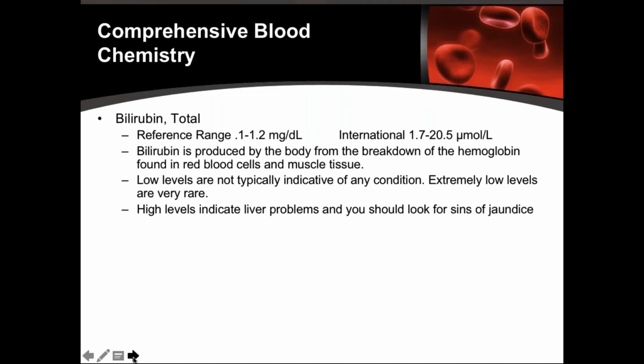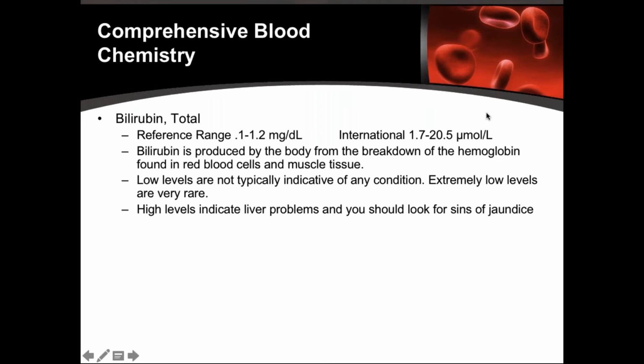Bilirubin. So with bilirubin, the idea here, guys, is that there's a couple of kinds of bilirubin: conjugated bilirubin and unconjugated bilirubin. What I want you to think about is the fact that whenever you break open a red blood cell, bilirubin spills out.